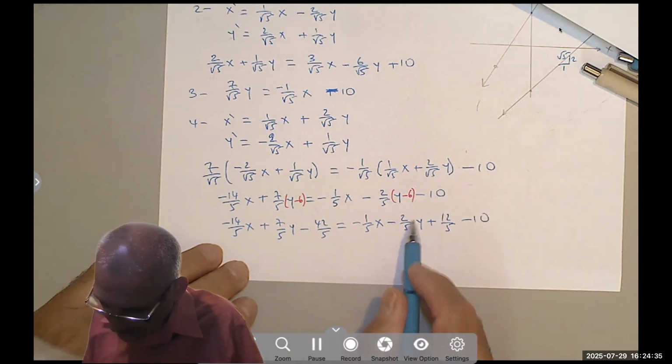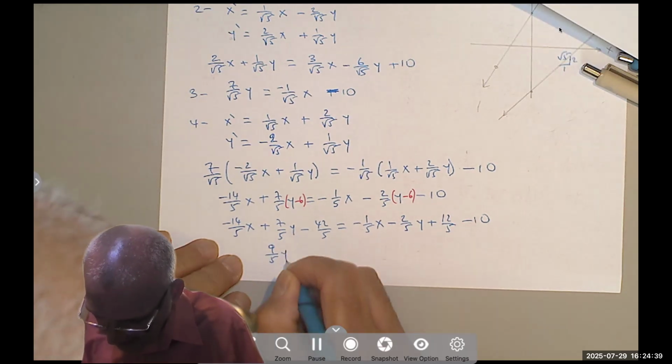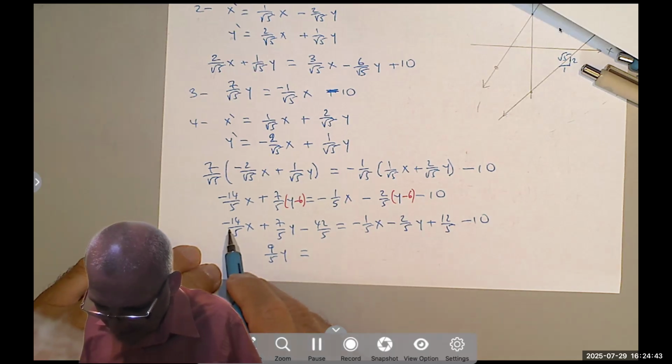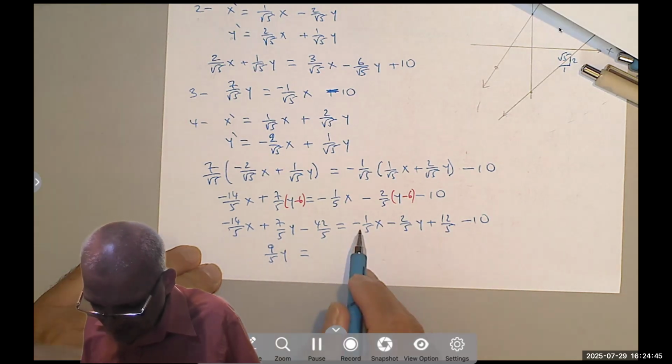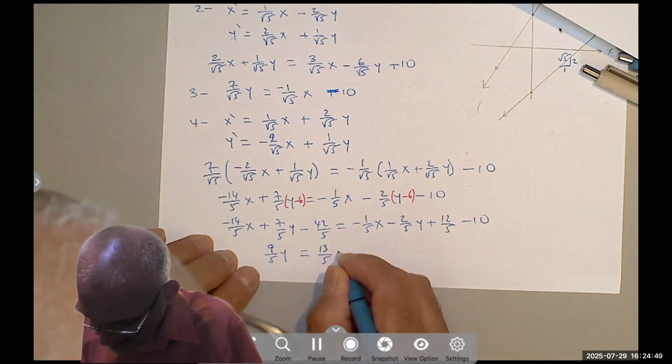If you want to write it, the y on one side and the x and constant on the other, you move the 2/5 here, it becomes 9/5 y equals. What about the x? I have negative 14. When it goes here, it becomes positive 14 minus 1 is 13/5 x.